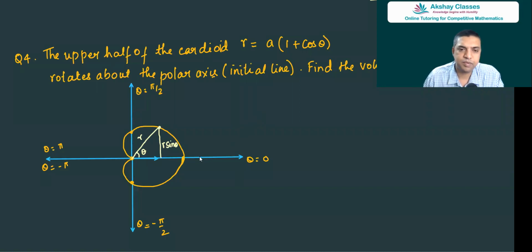Now, how to do that? How to choose? What we do is, instead of choosing any point on the circumference, to find the volume generated, you have to do area multiplied by the circle of revolution. So we have to take an area element.